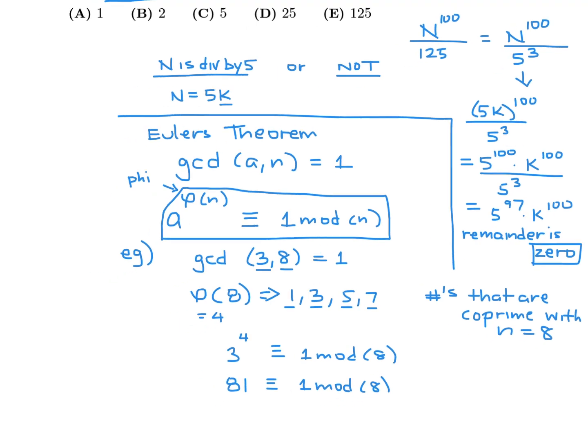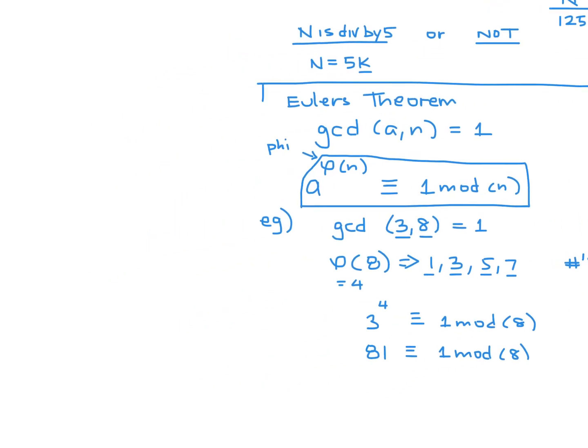So let me keep this in the same screen here. In our case, we've got n to the power of phi of 125 is equivalent to 1 mod 125.